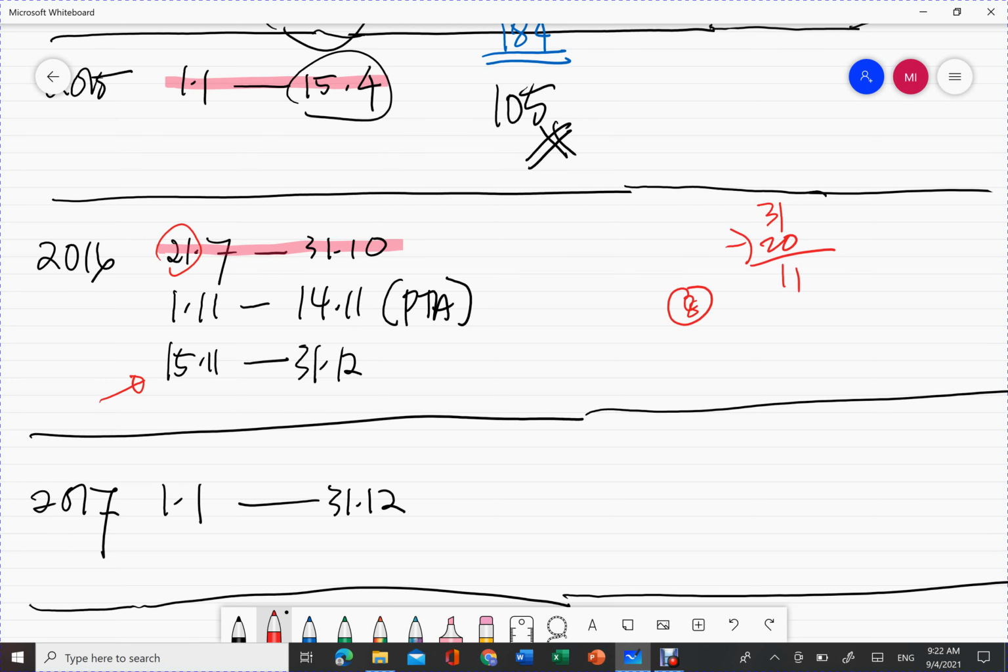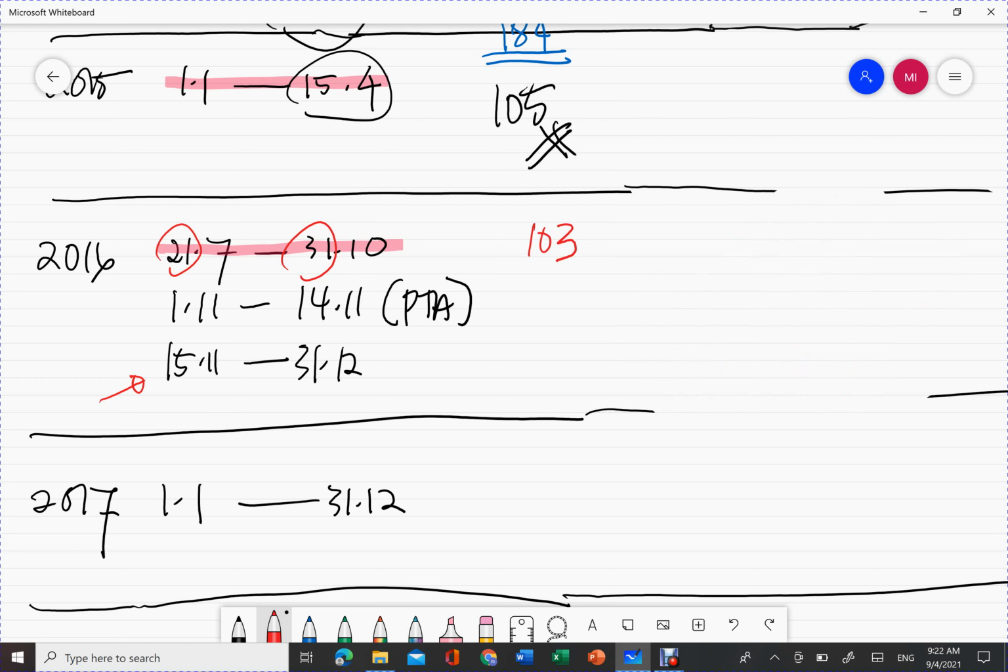Bulan September is 30 days and bulan 10 he stayed for 31 days. Okay. So all together ni berapa? Campur lagi sekali. 11 campur 31 campur 30 campur 31. So it's 103 days. 103 hari. Okay, ni 103.